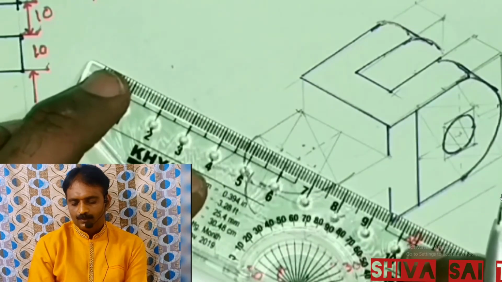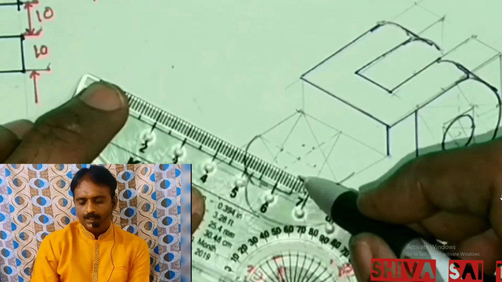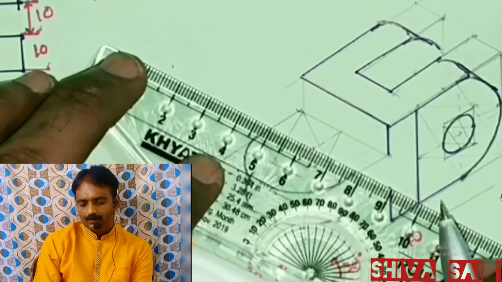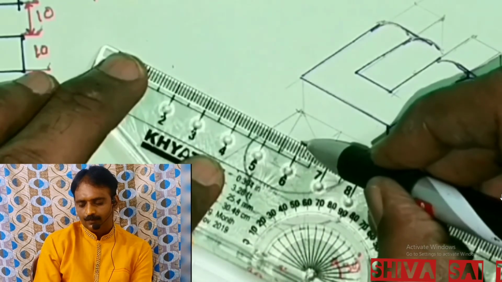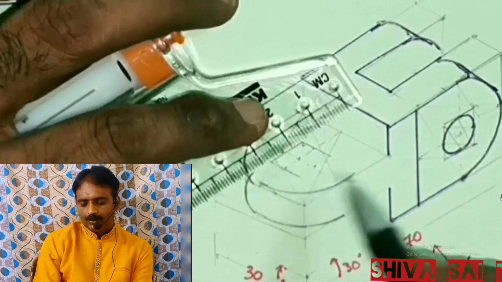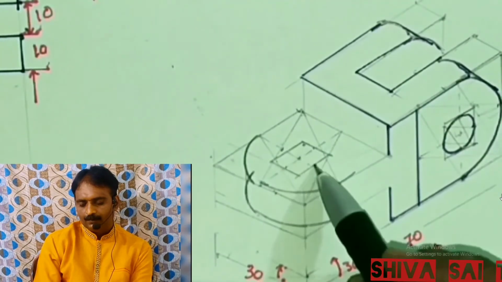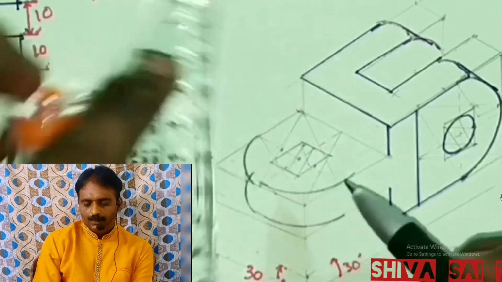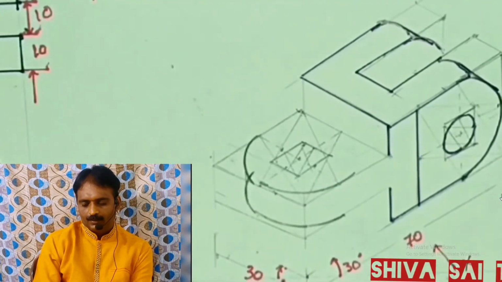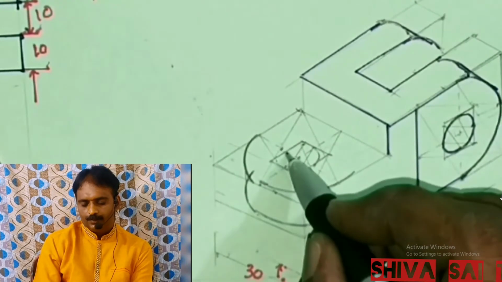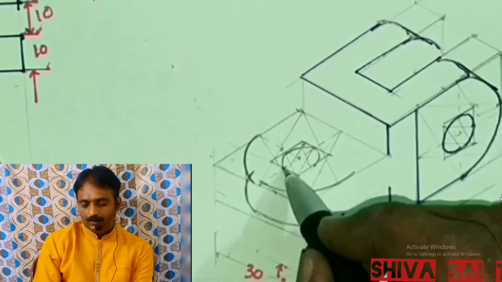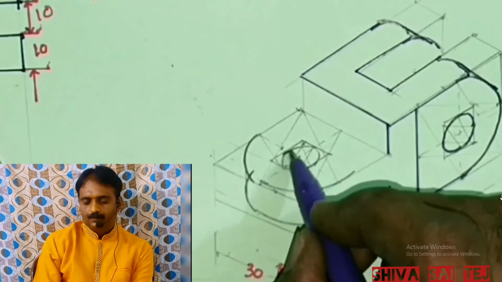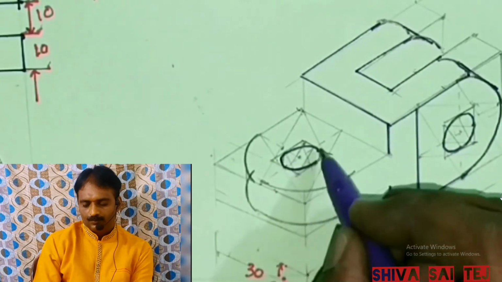Simply construct the rhombus having the side equal to the diameter of the circle, and once the construction of the rhombus is completed, join the midpoints from the corners of the shortest diagonal and construct the arcs as shown here. So that completes the construction of the solid.